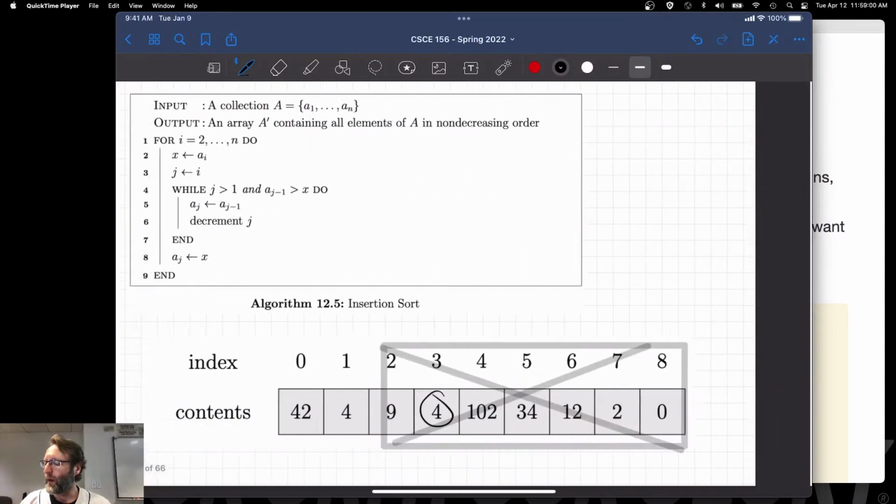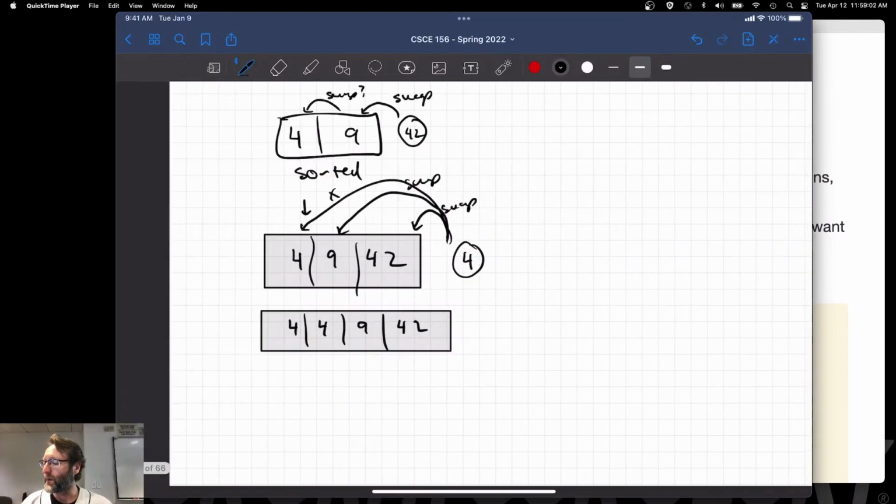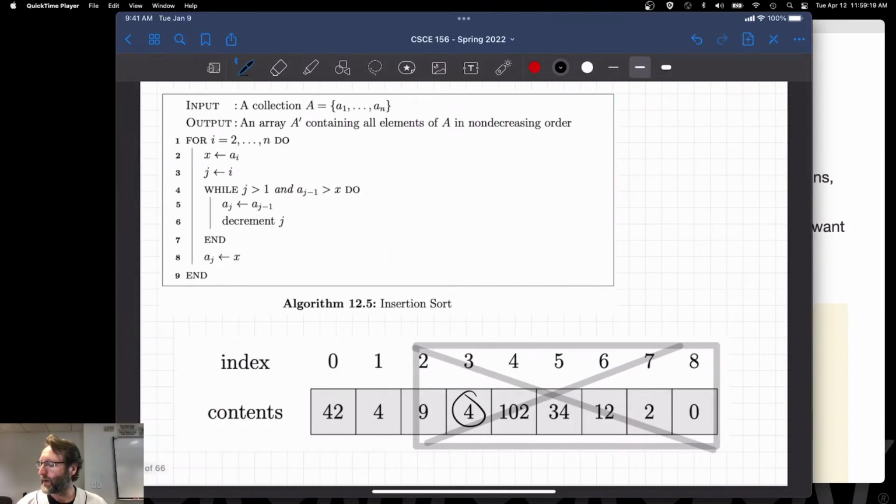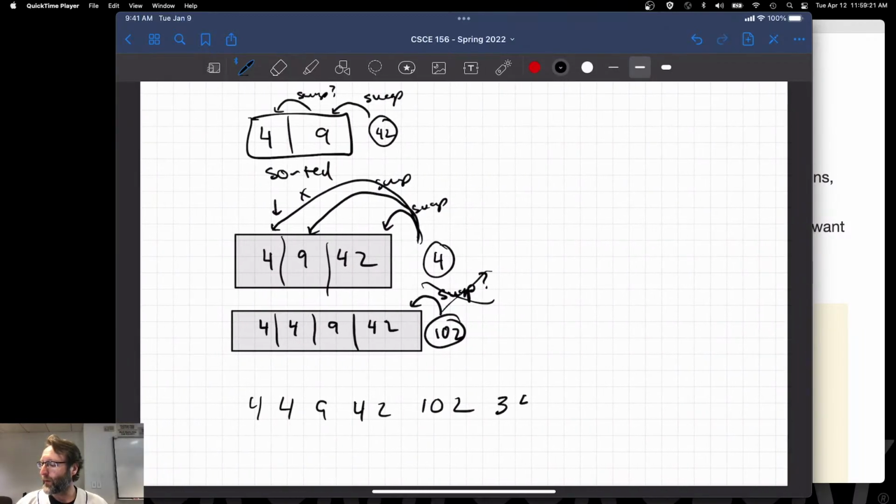Okay? Now here's where, 2 more iterations maybe. 102. Do I end up swapping it? Nope. It's where it needs to be. The last one that I'll cover is 34. Okay.